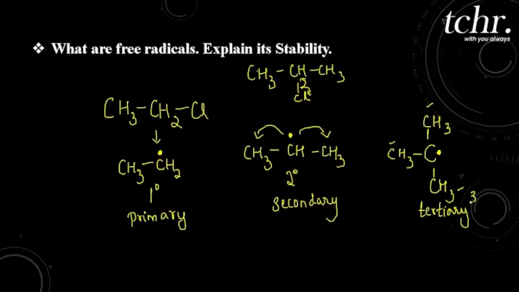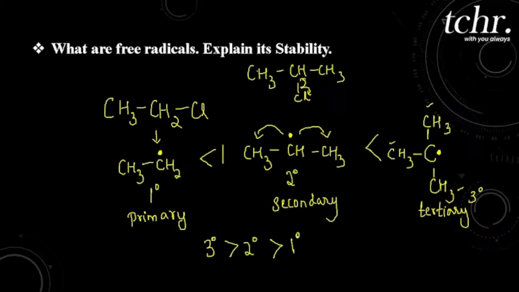Free radicals can be classified as primary, secondary and tertiary, students. Tertiary is always more stable than secondary, and secondary is more stable than primary.